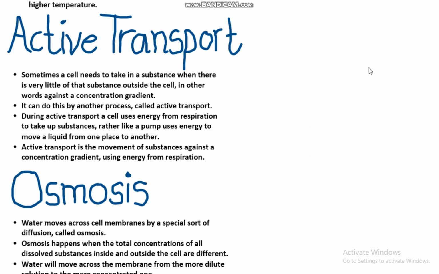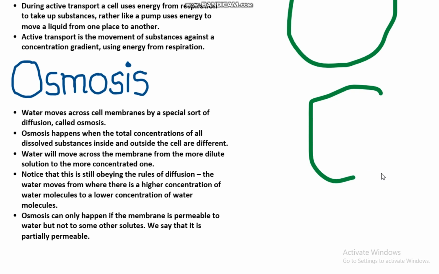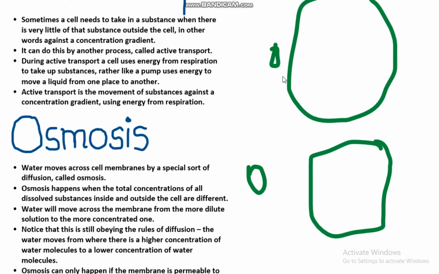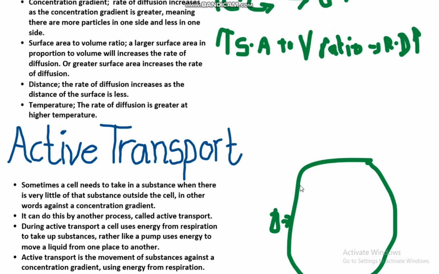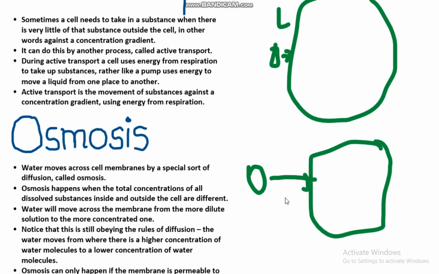So this is a cell and this is another cell, and the material is here and the material is here. So it will be easier for this to move into the cell quicker and faster than this one, because the distance is less, and the rate of diffusion increases as the material's distance is closer to the surface of the cell, because it has to cover less distance and would require less time to cover it.